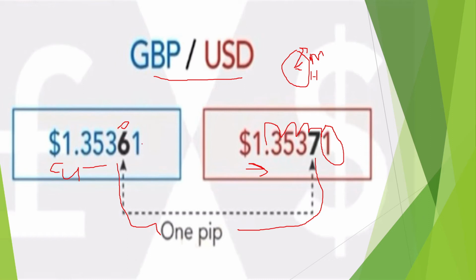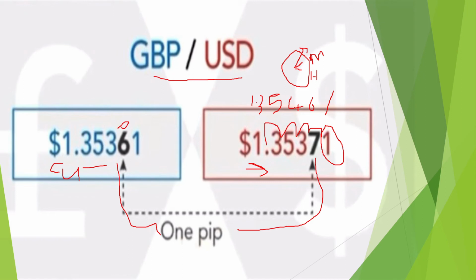So if this figure, 1.3536, moves from that point to 1.3546, you have to subtract this from this, and it will give you what? Press your calculator, it should be 10 pip.